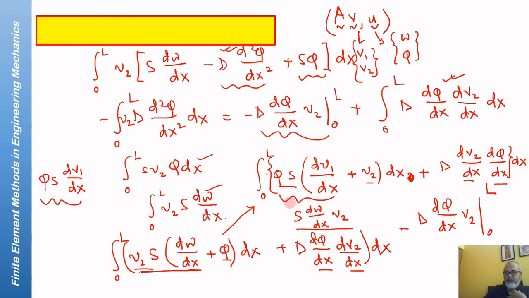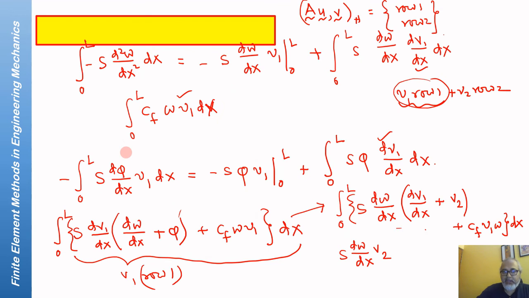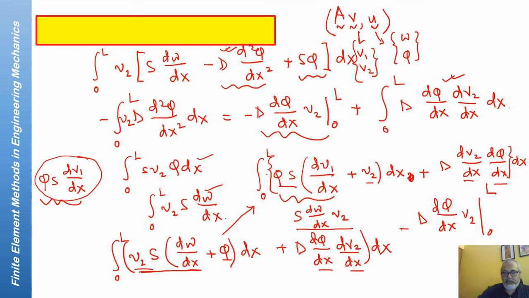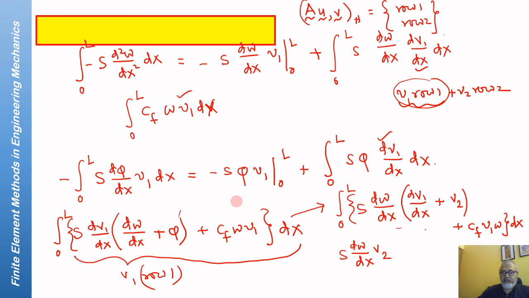So this and this are the same. Only thing, this is now coming from the first term, and this I can use in the second term. This is coming from the second term. I can use it in the first term, and I can use the phi s dv1 dx here, which is the same as dv1 dx phi that I had here.